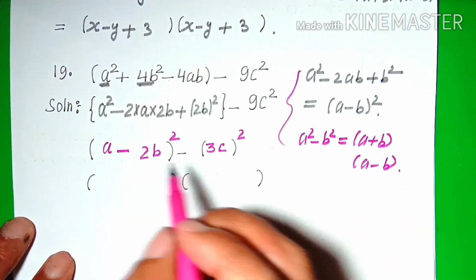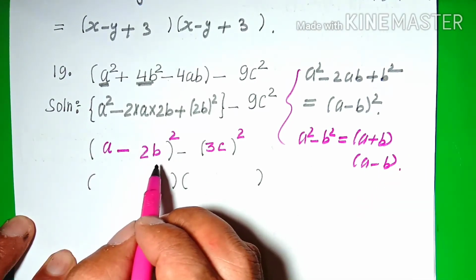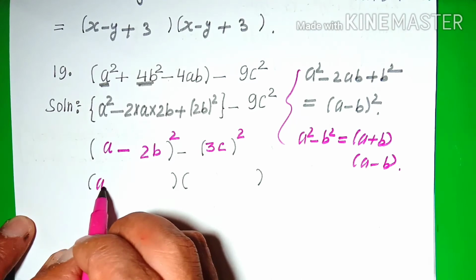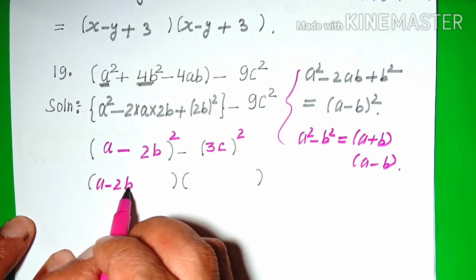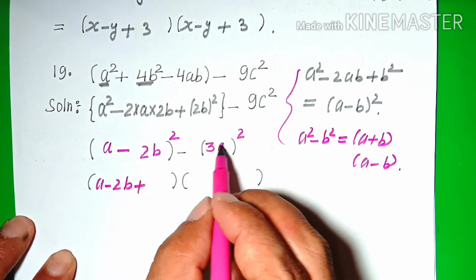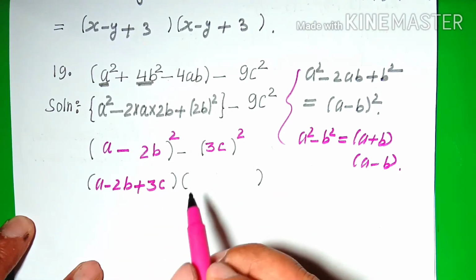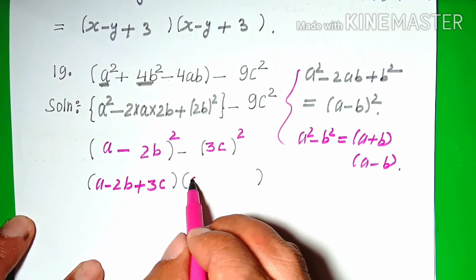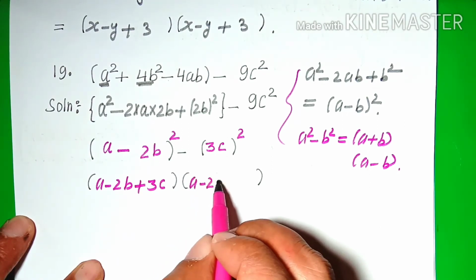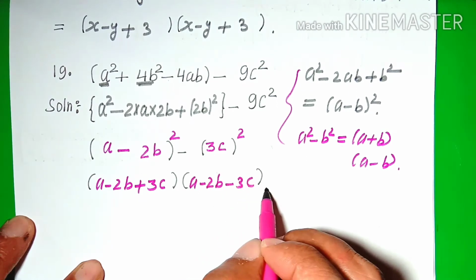So first you have to take a plus b, this whole factor we call a, that is a minus 2b, plus b, which means this term, 3c. After that a minus b, which means a minus 2b minus 3c.